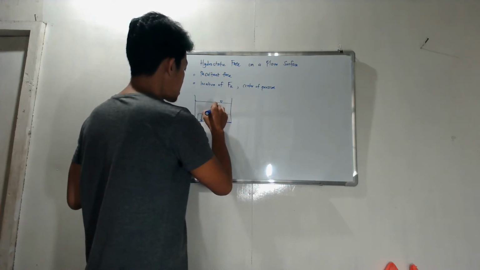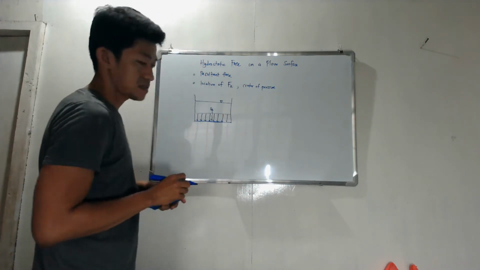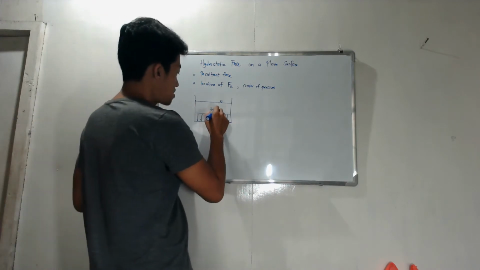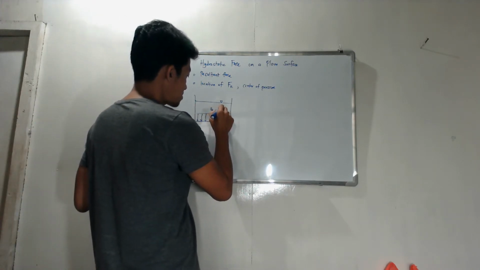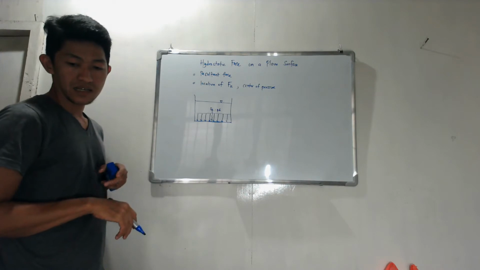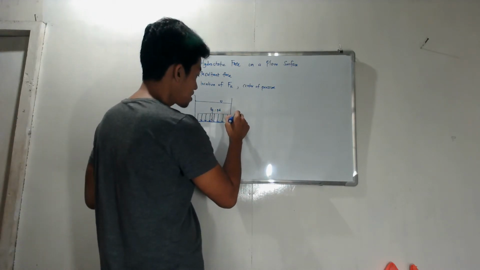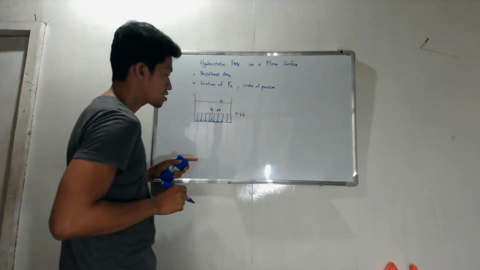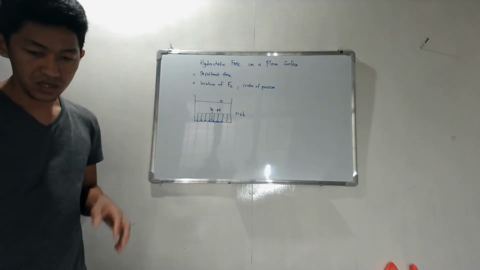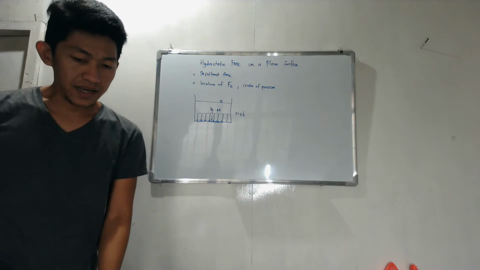Now F sub R is just pressure times area, and you know the pressure is just gamma h. So gamma h A.